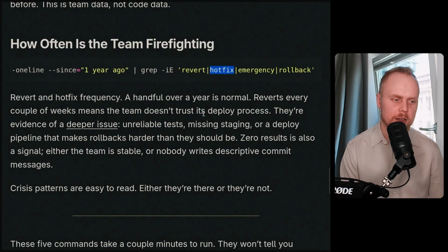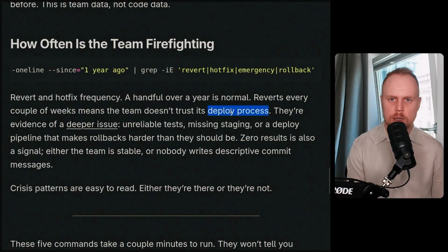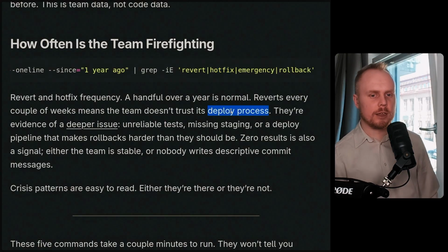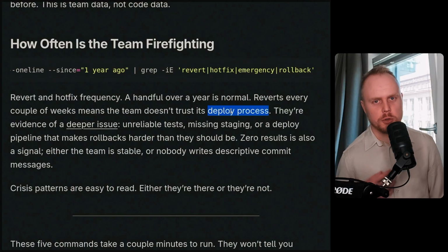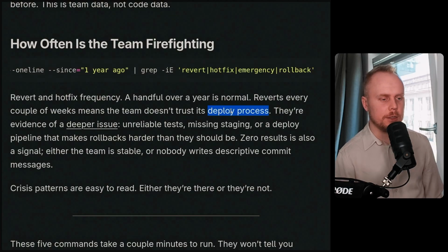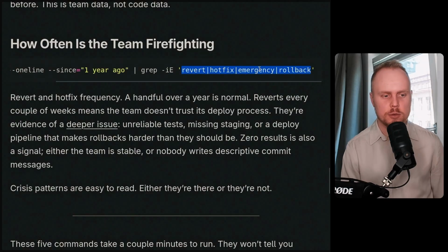Not everything is life and death. So with the deploy process, maybe you intentionally don't have a staging environment and dedicated testers. Maybe you push to prod, and then the customer or user can try it immediately, and you just fix it in the worst case. These things don't need to be a huge thing.